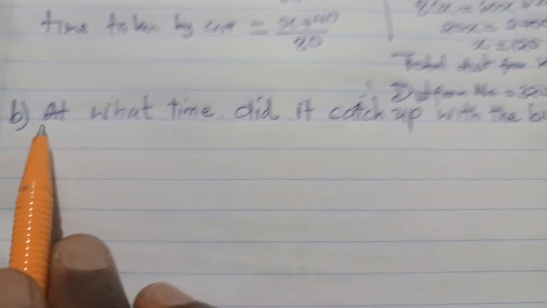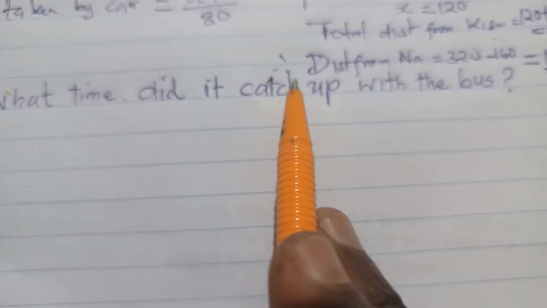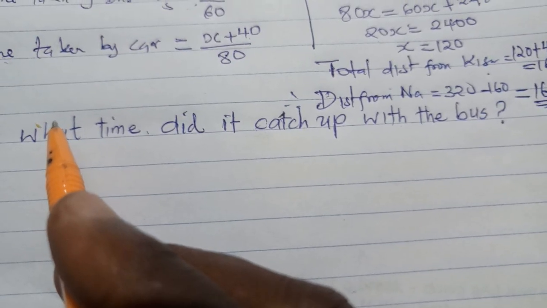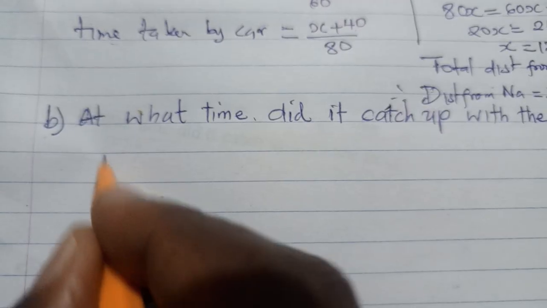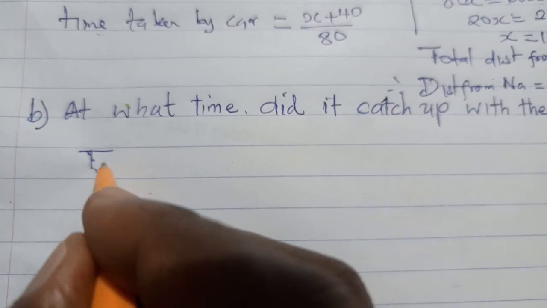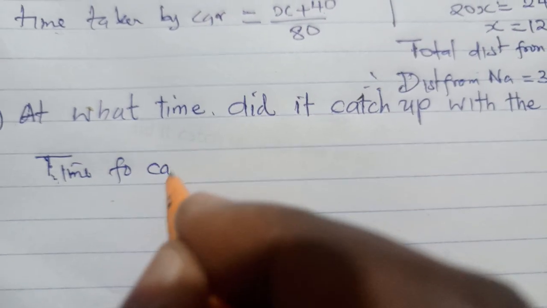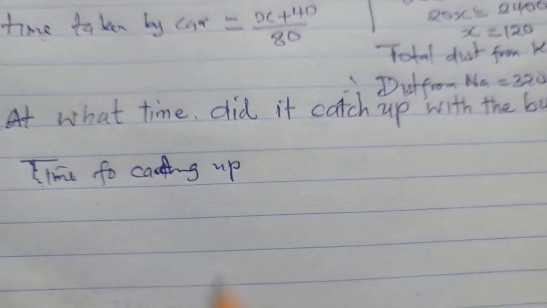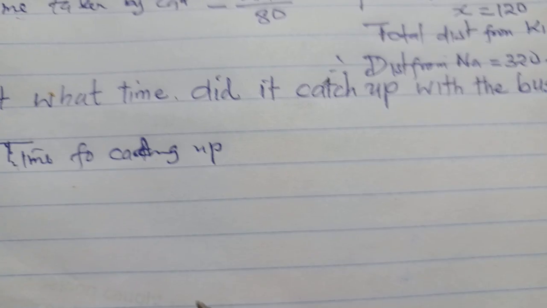Now let's look at part 2. At what time did the car catch up with the bus? In this case, we need the time. So the time for catching up. Remember, the time for catching up is different from the time at which the catch-up took place. Time is duration.